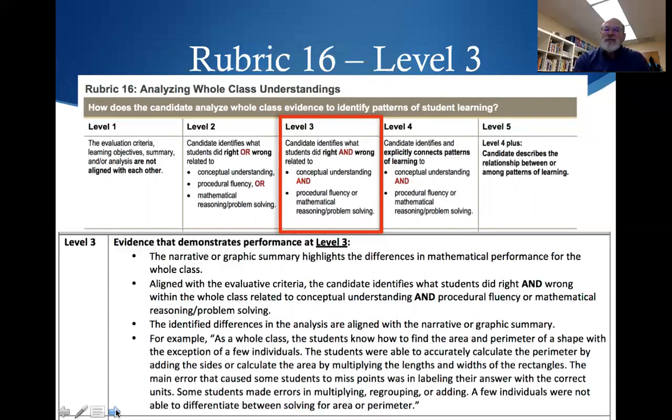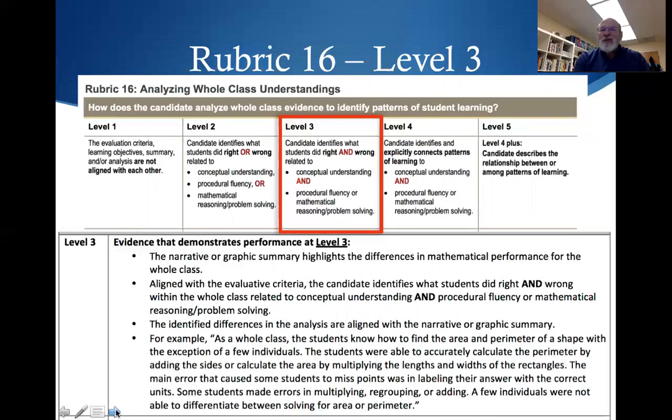And you talk about what students did right and wrong, not just focusing on the negative, and align your narrative with the analysis that they see. And they give you an example here.